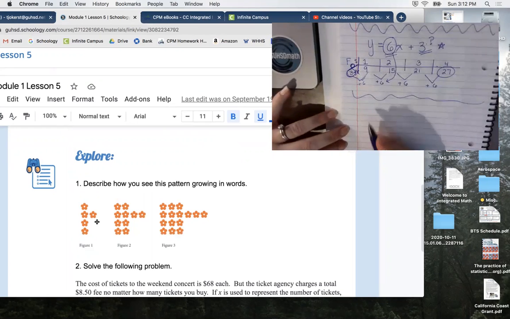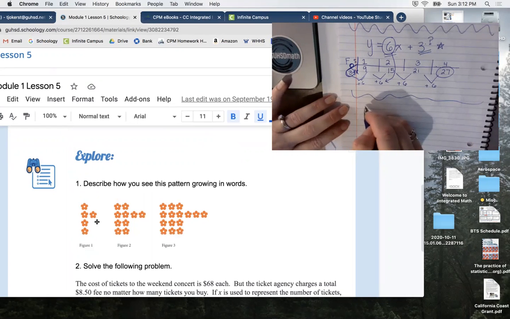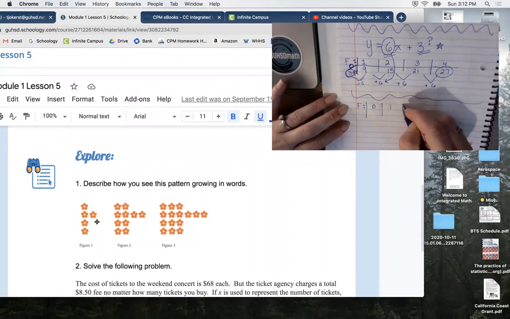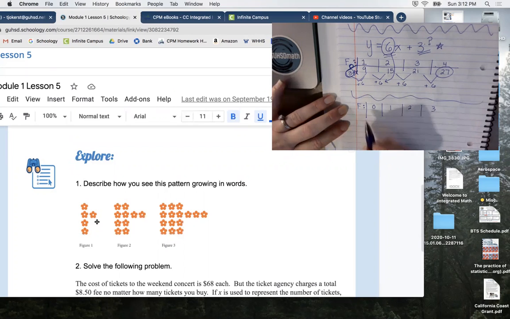We said that this grew by 5 each time. So for our figures 0, 1, 2, 3, I'm going to save a spot for figure 0. In figure 1, we had 5 of them. In figure 2, we had 10, and in figure 3, we had 15.